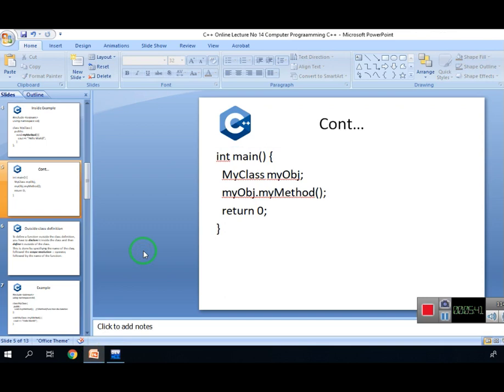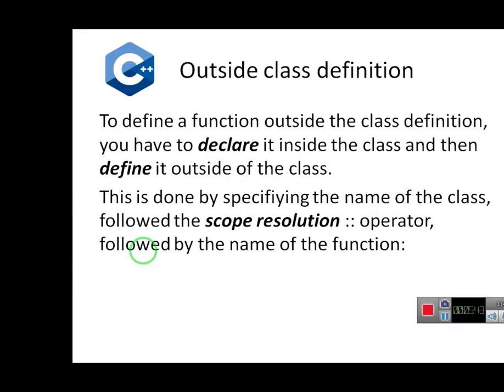Okay, now we are in a stage to discuss the outside class definition. To define a function outside the class definition, we have to declare it inside the class and then define it outside the class.